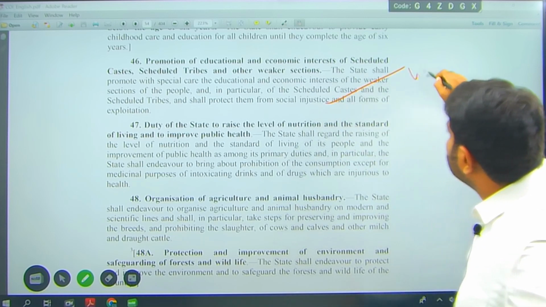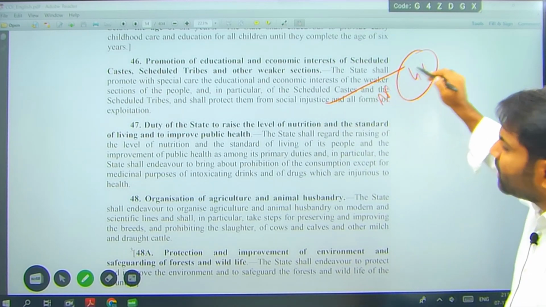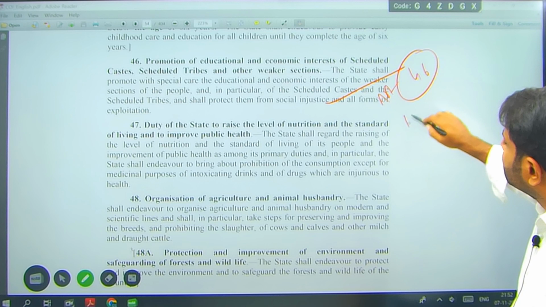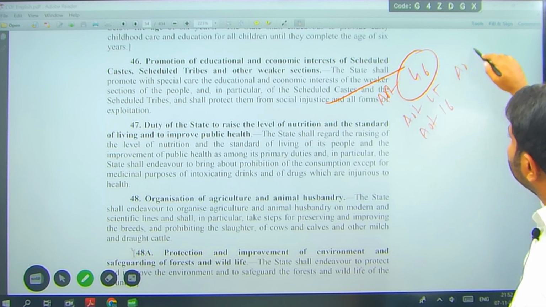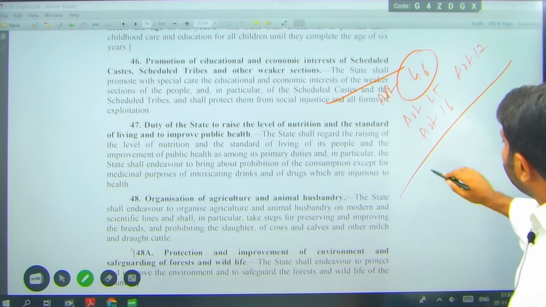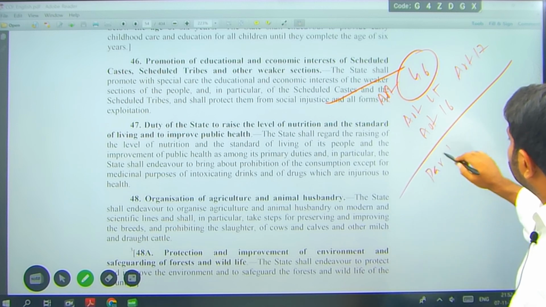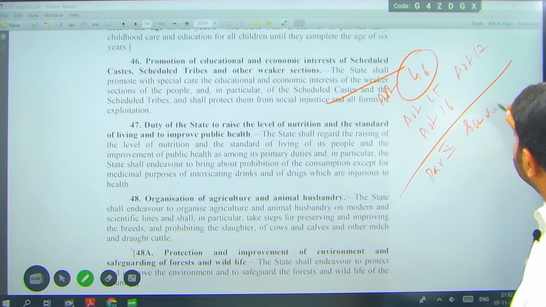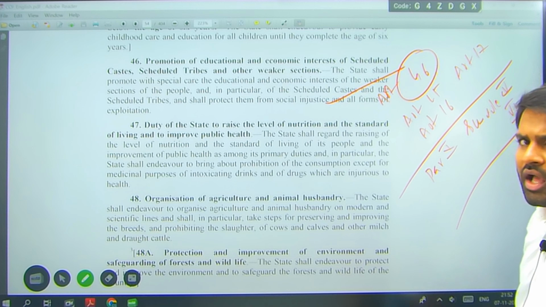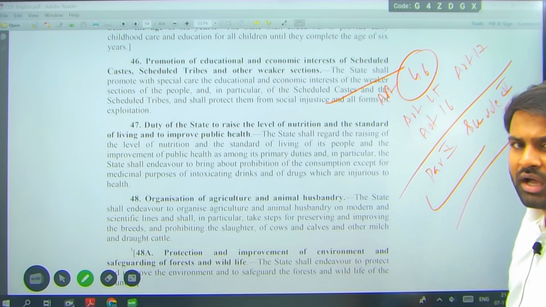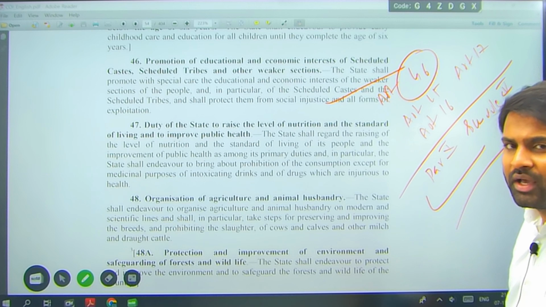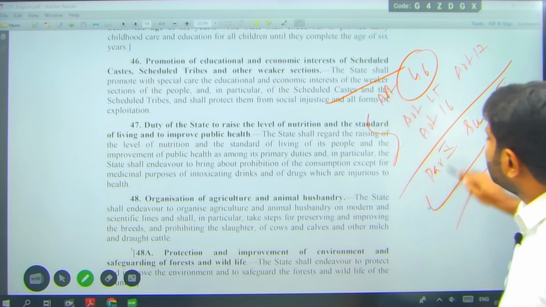Article 46, I said, can you see this? Article 46, article 15, article 16, article 17, then comes Part 10 of the Indian Constitution, Schedule 5 of the Indian Constitution, Schedule 6 of the Indian Constitution, everything is talking about scheduled castes as socially, economically backward people and benefits to them.